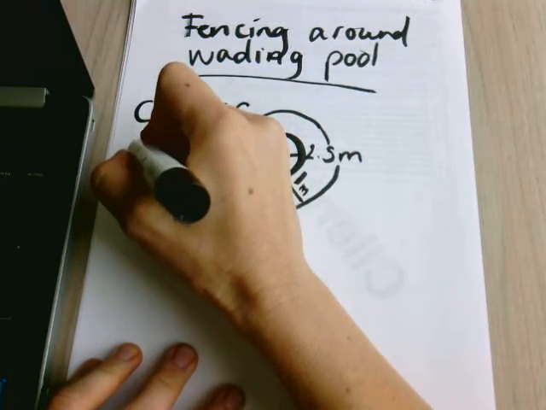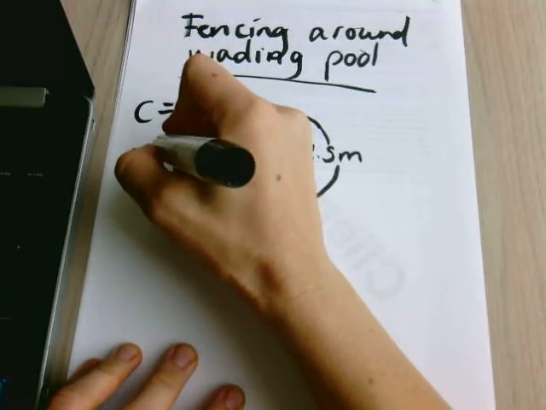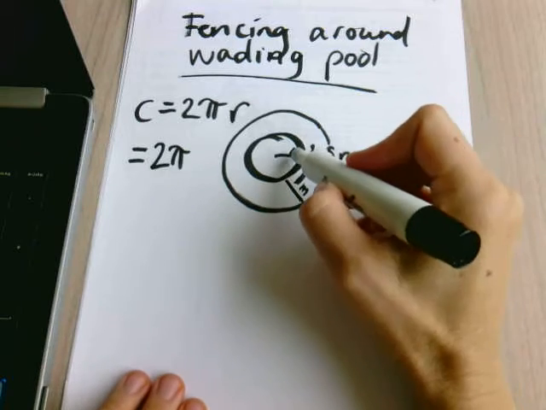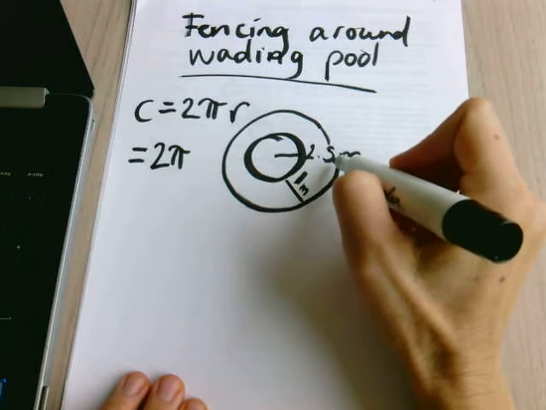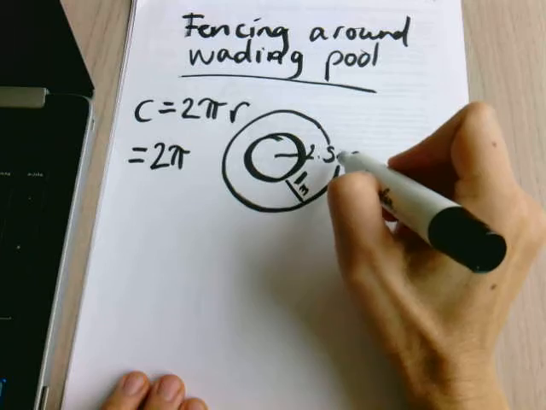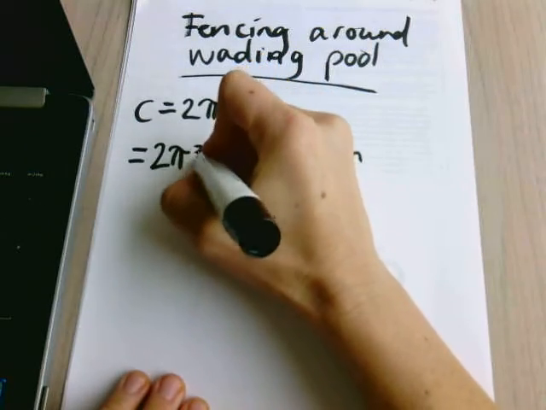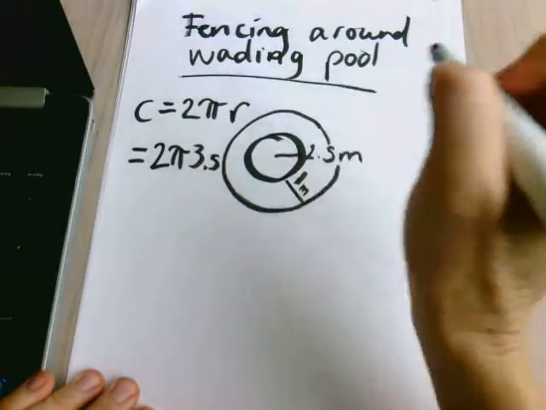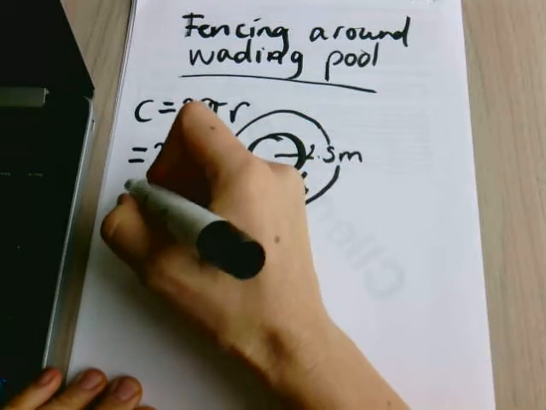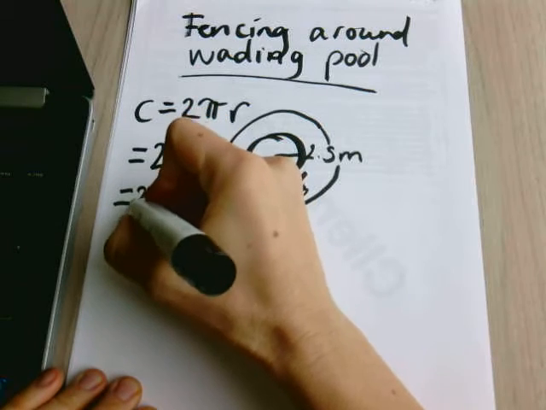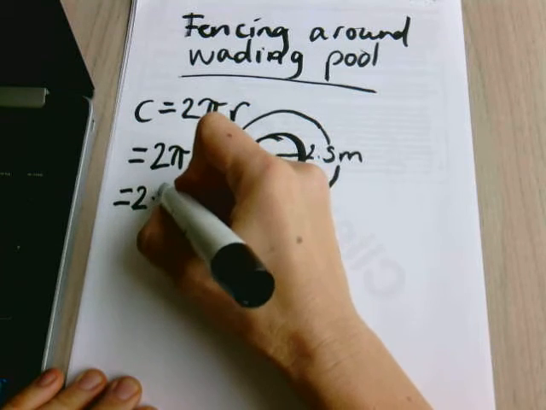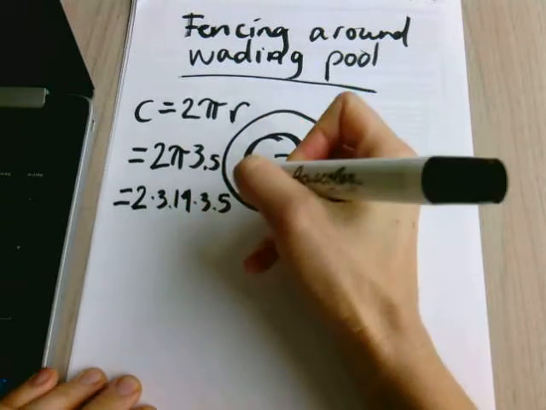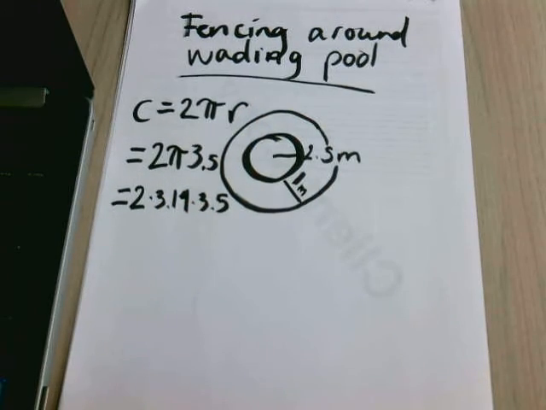And that is going to be 2 pi, and then r, the radius, is going to be 2.5 plus 1, which is going to be 3.5. And pi, of course, is 3.14, so it's going to be 2 times 3.14 times 3.5. Now take a minute to solve that yourself.